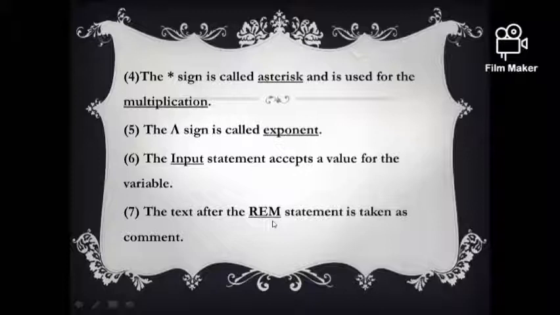This statement is used in programming language to write any remark related to a particular program, and RAM is a type of memory. As you know, this is the primary memory and data is stored in this memory, which is RAM, random access memory.